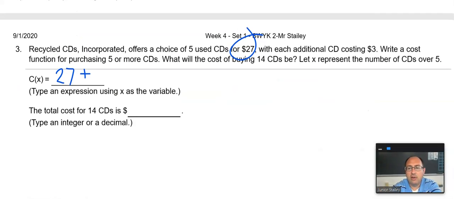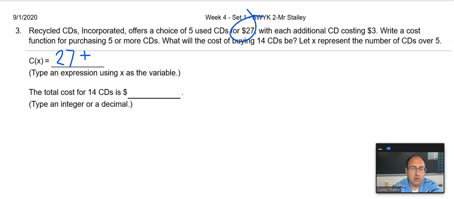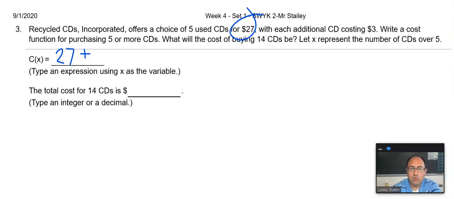Now, since we are talking about functions, we do want to throw in a story problem or two here. Recycled CDs Incorporated offers a choice of 5 used CDs for $27, with each additional CD costing $3. Write a cost function for purchasing 5 or more CDs.